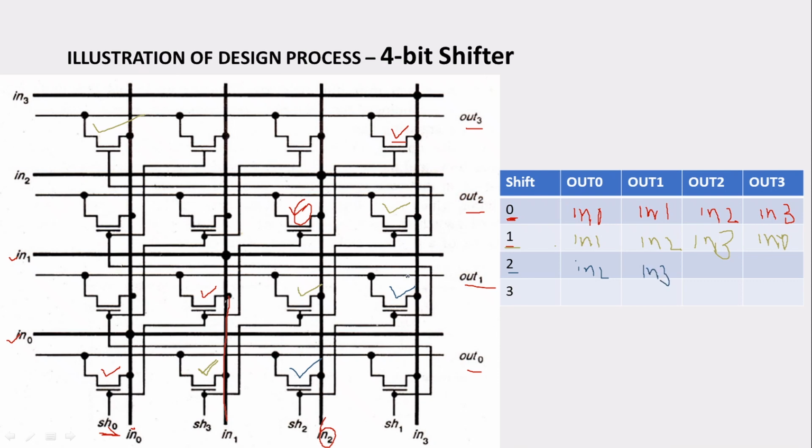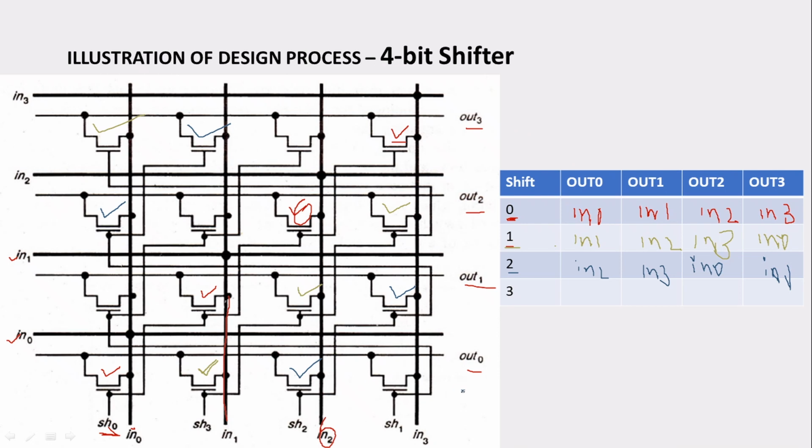Since this particular transistor is connected to IN3 over here, and this has been connected to this particular transistor, output of 2 will be IN0, and here output of 3 will be IN1.